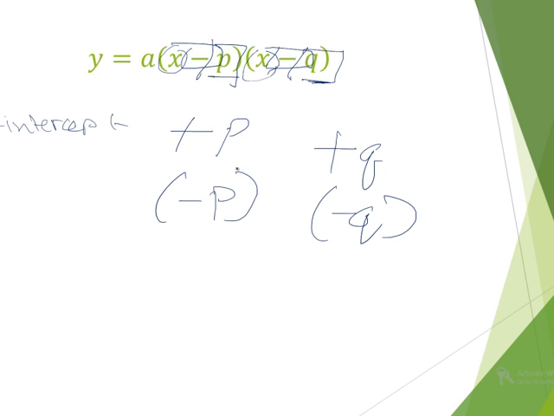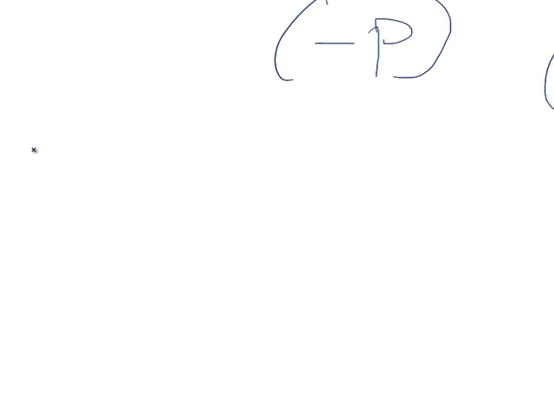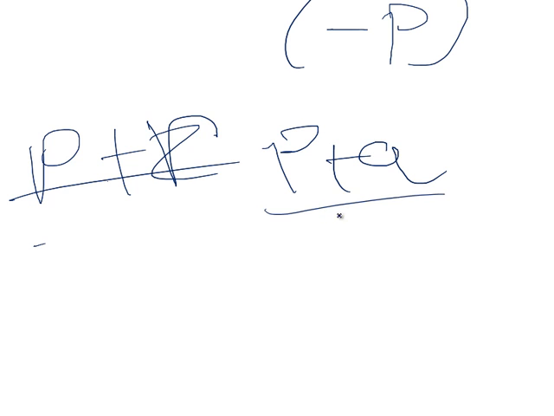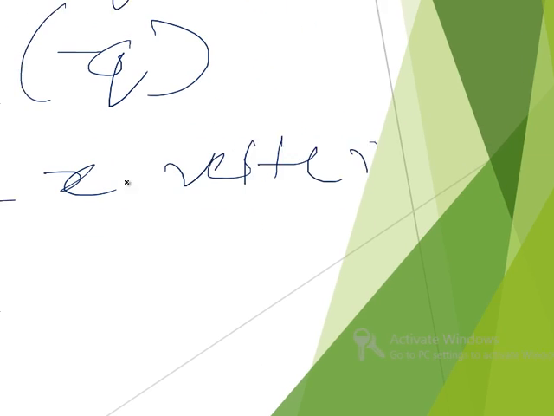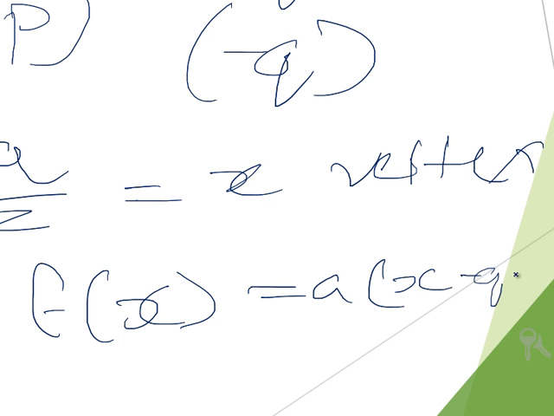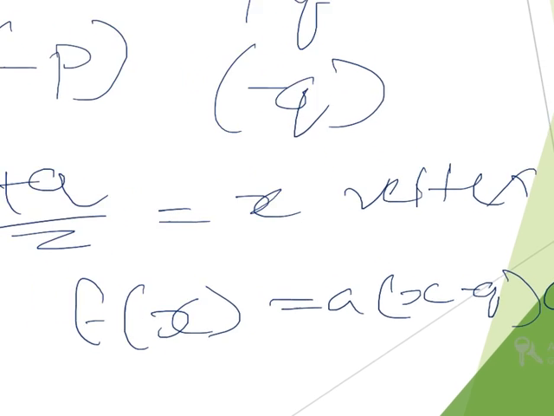And to find the vertex point, you have to take p plus q divided by 2, which will give you the x point of the vertex, and then you can just plug into the function f(x) equals the equation above, which is a(x minus q)(x minus p).